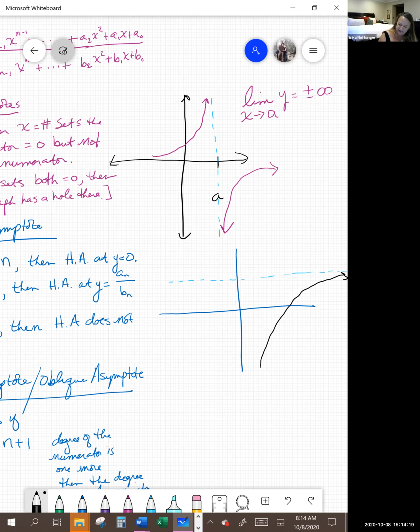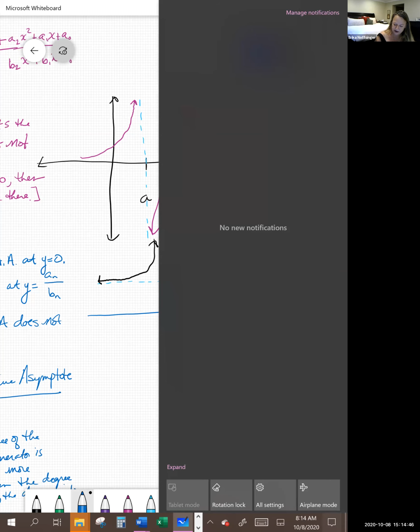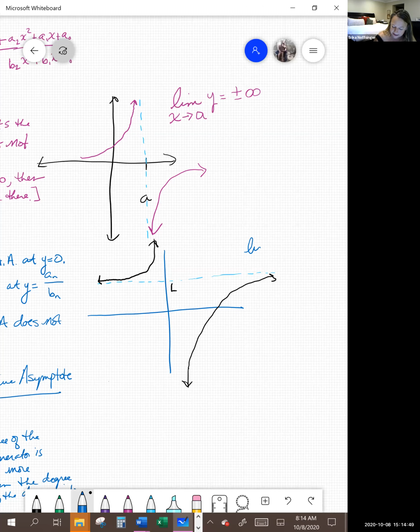Or as x is going to negative infinity, it's going to be hugging this line. So we could write this saying the limit as x goes to plus or minus infinity of y is going to some value L.